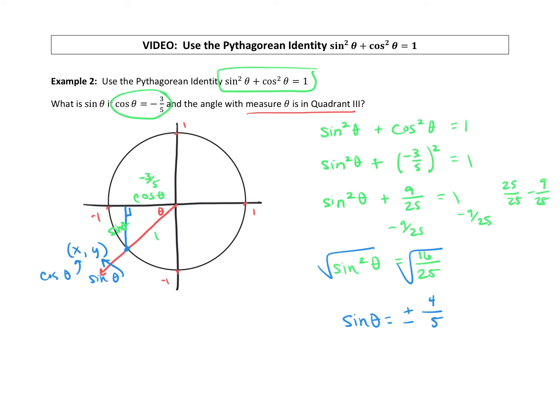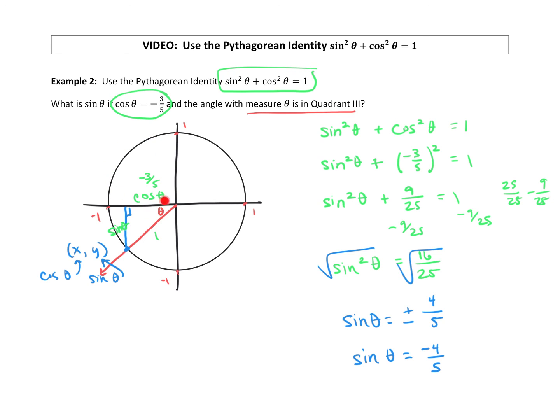And then we would ask ourselves, well, will sine be positive or negative over here in this quadrant? From the origin, we're going to the left, so we know our cosine is negative. And then we're going down. So if you're going down, that y value, that sine of theta, is going to be negative. So we're going to say sine of theta is a negative 4/5.